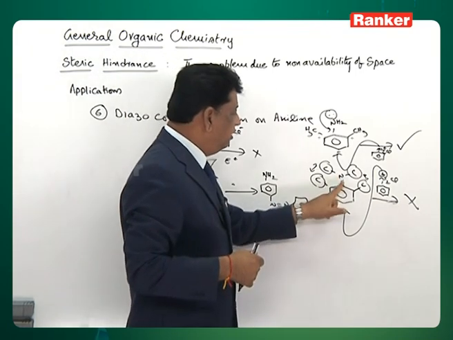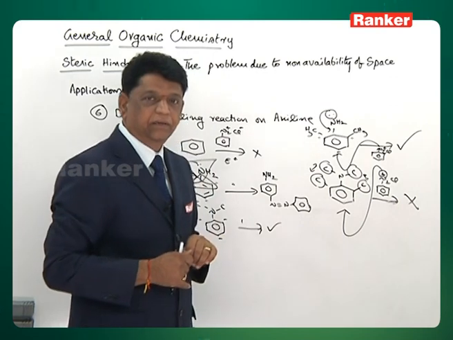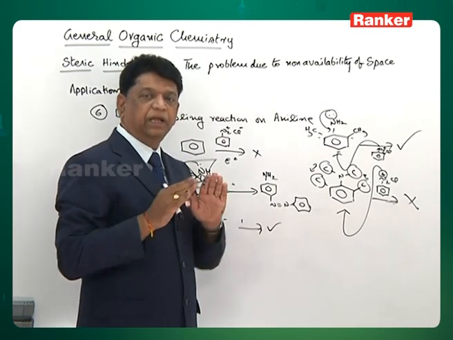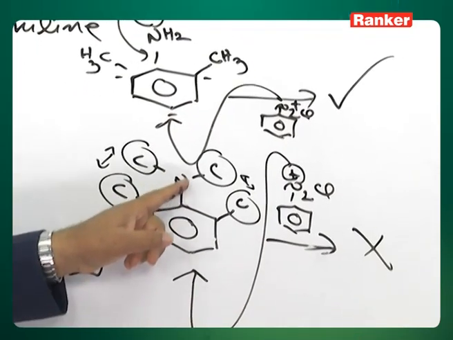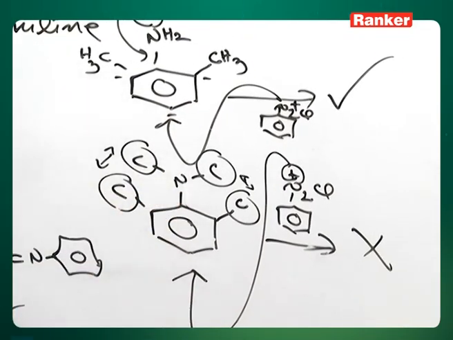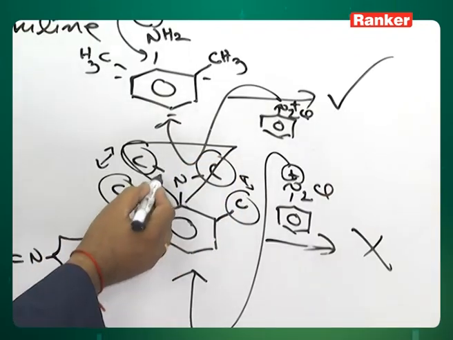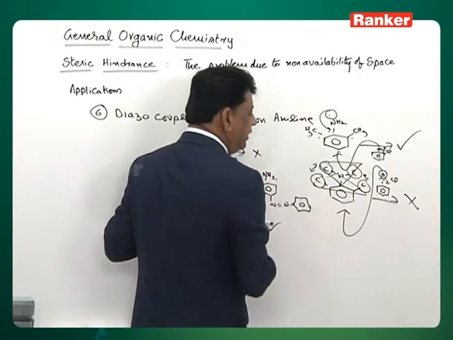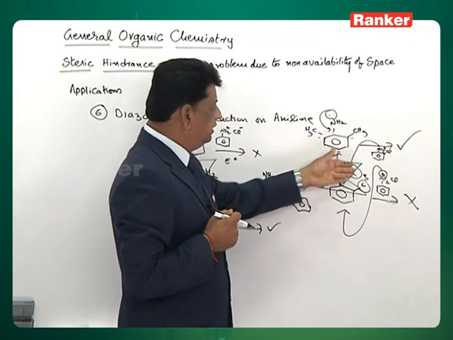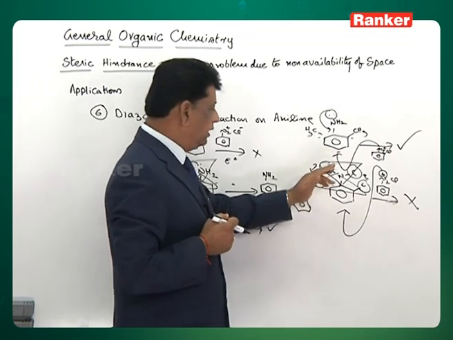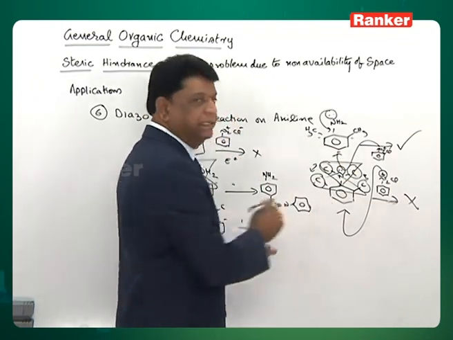Then the pi bond formation between the nitrogen and the carbon is not possible, because a pi bond forms when the planes are in the same plane and the clouds are parallel to each other, then only they make it. So the trigonal planarity of this one and of that one will be perpendicular to each other. So the lone pair on the N cannot show the plus M effect with the benzene.